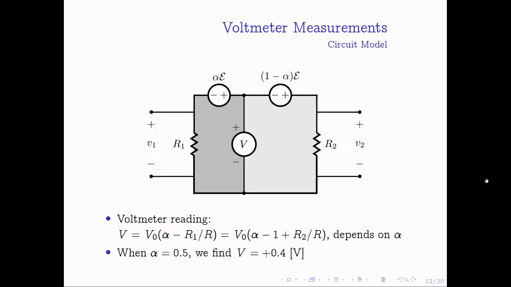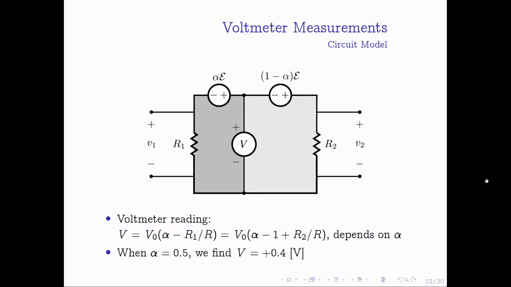And of course, we can use the parameter alpha. In this case, the voltmeter reading should be V0 multiplied by (alpha minus R1 divided by R). We obtain this expression if we use Kirchhoff's law on the left loop.